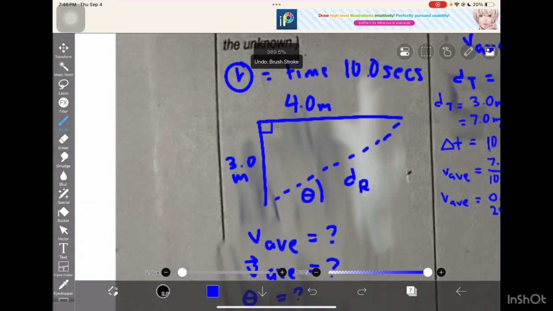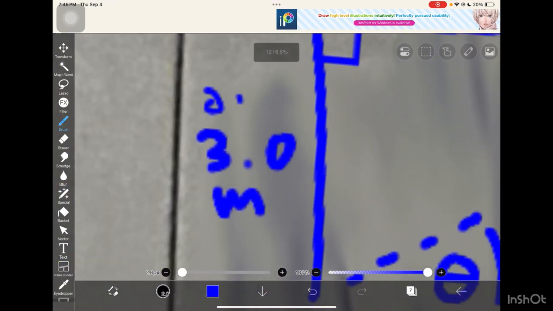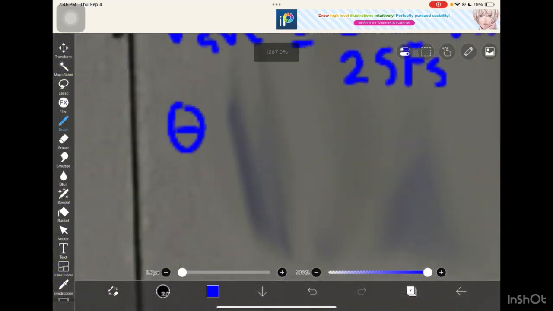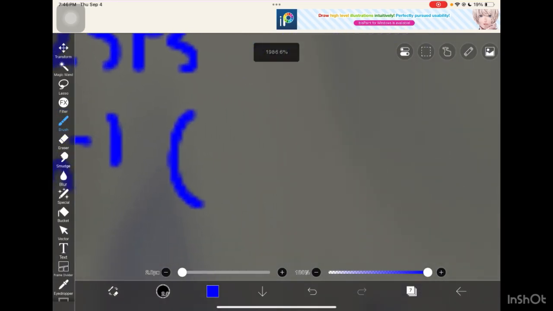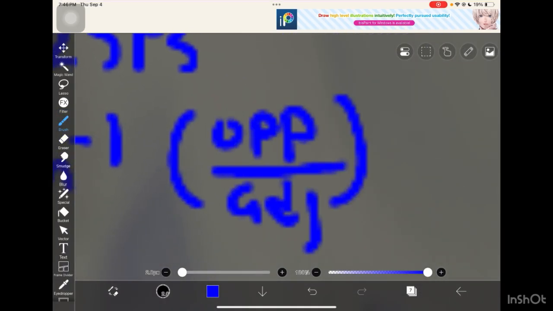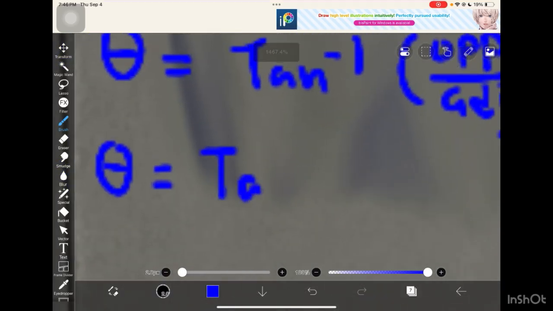So let's label that as well. This is adjacent, and this is opposite. So theta is equal to tan^-1 of opposite over adjacent. Let's put that in our calculator. Theta is equal to tan raised to -1.